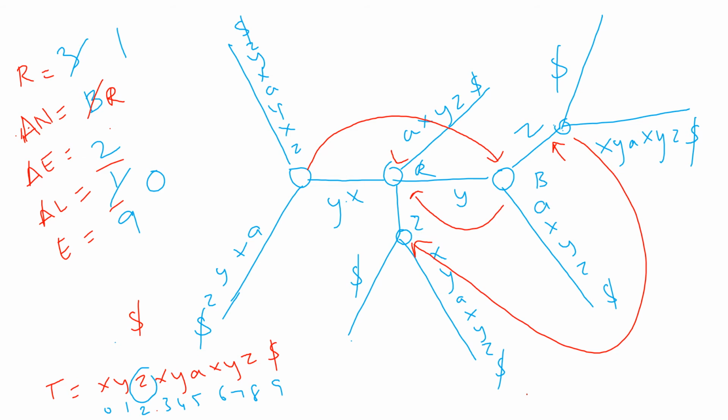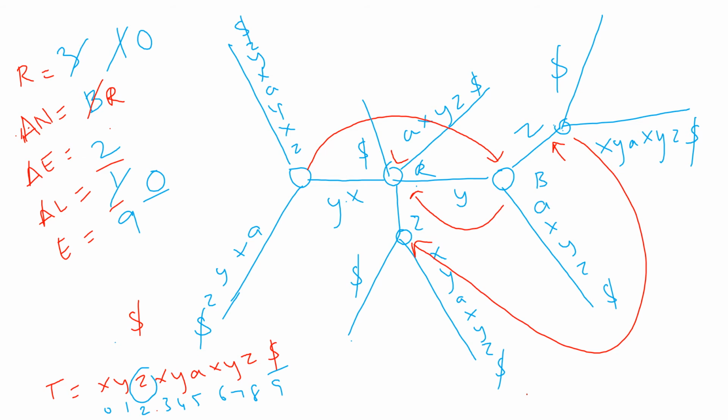Since active length is 0, I'll have to check if there is an edge from the root node to dollar. Since there is none, I'll have to create one. Since I created a new leaf node, I'll have to decrement r to 0. So finally I have created the suffix tree using all the active node information.